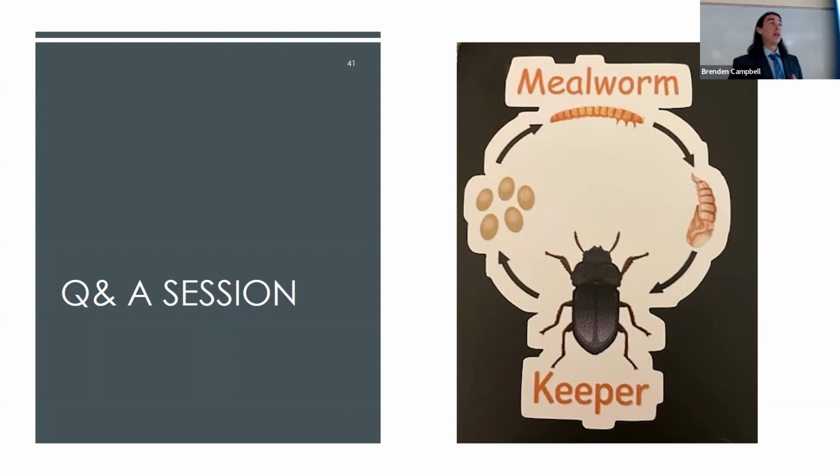The best optimal humidity in the literature is around 80% relative humidity. There is some nuance depending on which stage of life they're in, but 80% is the generally accepted optimal humidity.